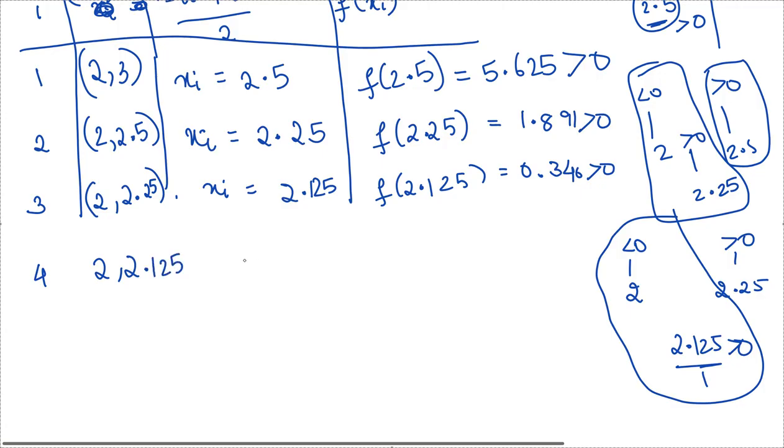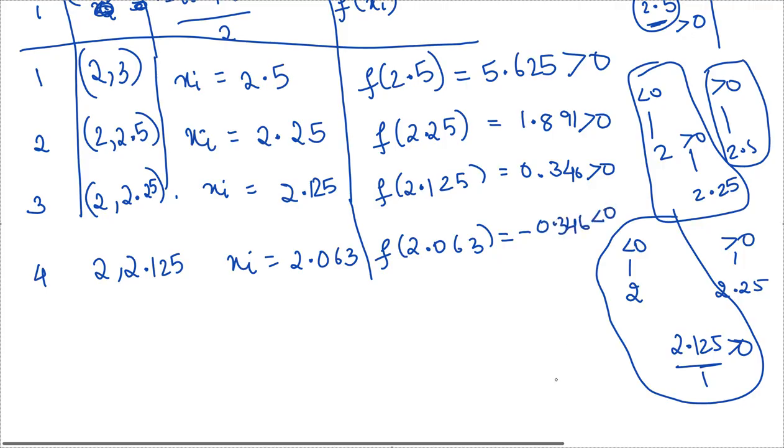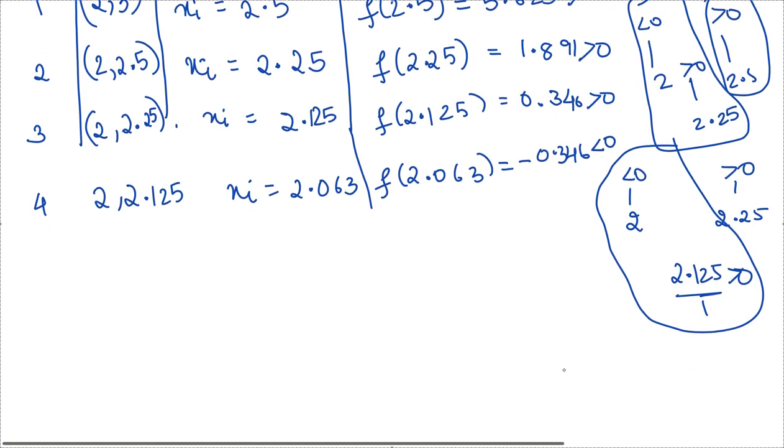Okay, now what will be xi? 2 plus 2.125 divided by 2, which will be 2.063. Let's see what is f of 2.063. It is nothing but minus 0.346, which is less than 0. Now we have a value which is less than 0.